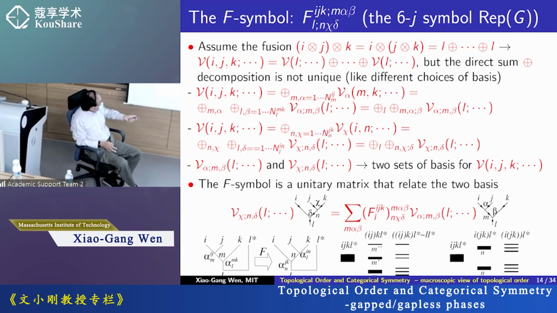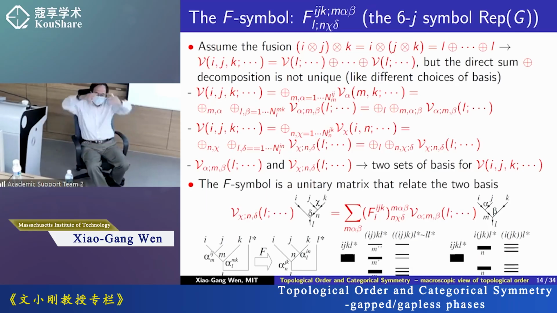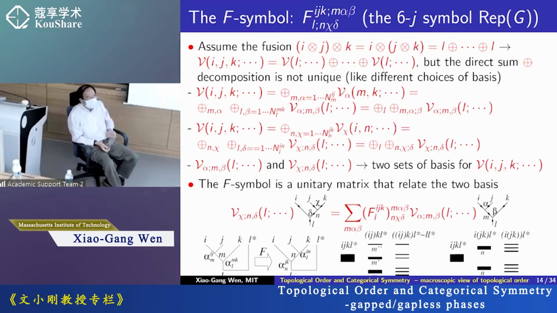We can fuse jk first or ij first. And when fusing in different orders, the decompositions have some relation. And this relation between these two different ways to fuse or decompose is called the 6j symbol.